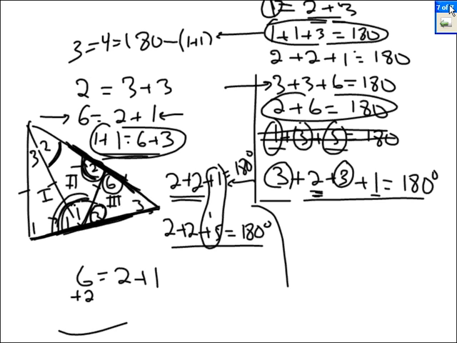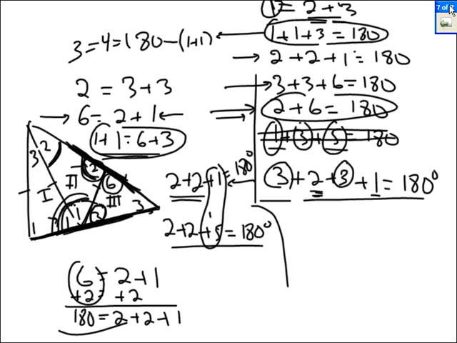If I add angle 2 to both sides, I get angle 2 plus angle 6, which I am told is 180. And this is angle 2 plus angle 2 plus angle 1. Okay, but I already have that. I'm just not seeing this one. But this is clearly the way that you do this. And I did say angle 1 equals angle 2 plus angle 3.